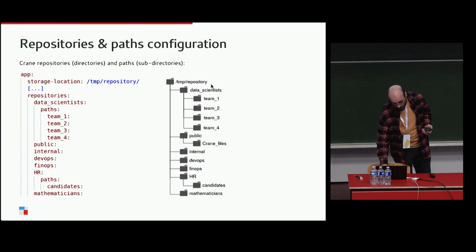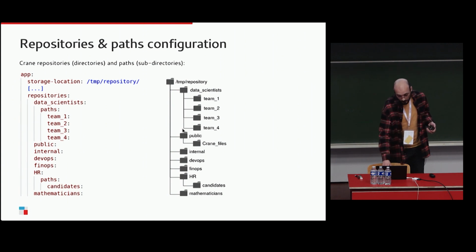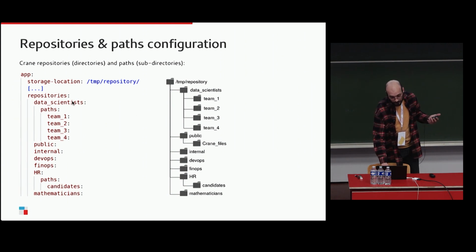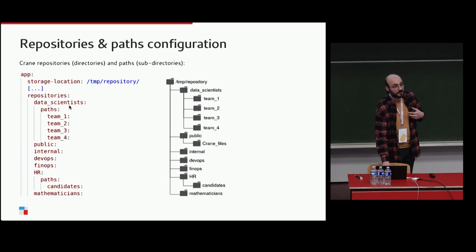So your storage repository is, in this case, the TMP repository, and in there are some folders which all contain data. On the left, you can see we have defined the same folders. This seems quite useless at the moment, but I've omitted some options. Under this data scientist folder, for example, you can define who can access this.